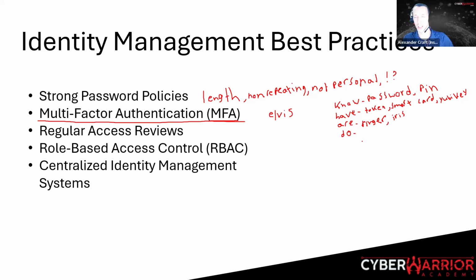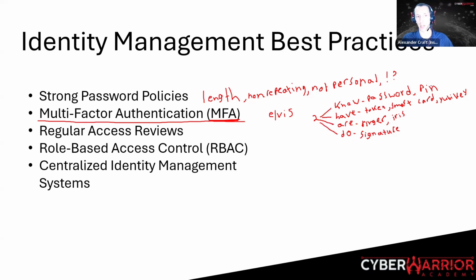And something that you do is a little bit more complex. There's not a lot of these out there, but one of the most common ones is signature analysis. Only you sign your signature the exact same way, right? So it's something that you do. Now that one's not infallible, but that's the idea. So you're only actually using MFA when you have two of the categories from this list.